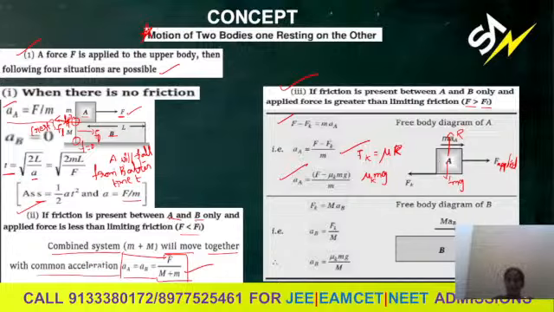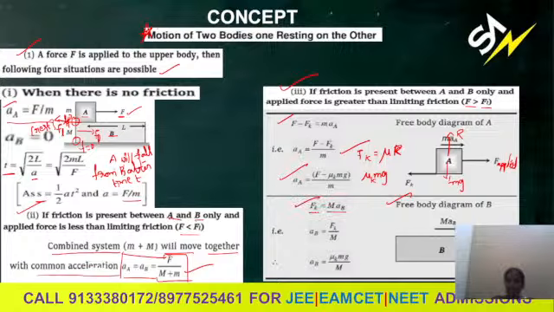So here kinetic friction opposes the motion of A over B, while it will cause the motion of B. Let us see the free body diagram. That friction will cause the motion of B. So that kinetic friction is equal to the mass of the block into its acceleration.